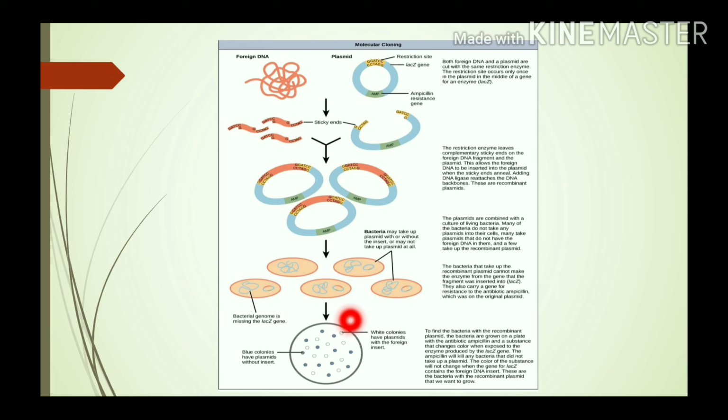So here we can see blue and white colored colonies in the last picture. Blue colored colonies have plasmids without insert, and white colored colonies have plasmid with a foreign insert. So this is nothing but the process of molecular cloning.